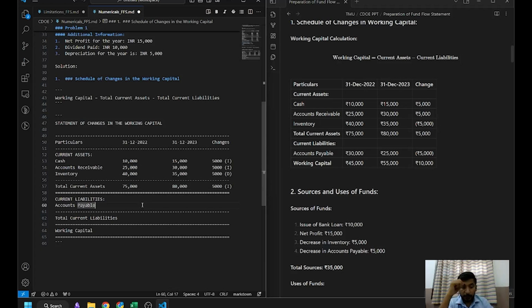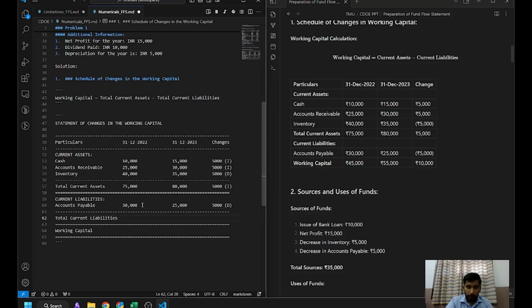Now, as far as the current liabilities go, we have only one current liability, that is accounts payable, 30,000 for the year 2022 and 25,000 for the year 2023, which makes it a decrease of 5,000 over the year.